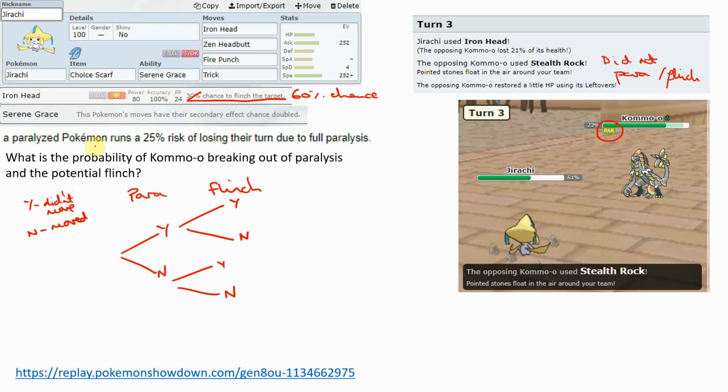So the probability of him not moving for a paralysis is 25%, so 0.25. And the probability of him not moving from the Iron Head flinch is 60%, so 0.6. And then we can fill these in with the probabilities that add to 1.